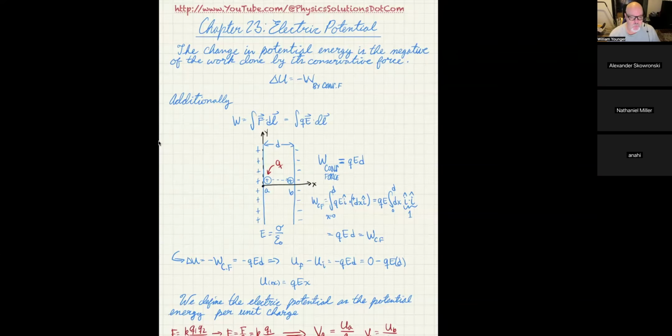If you want to think about it that way, then you can make a more grandiose statement and say, for instance, the voltage between B and A is equal to the change in voltage. Notice I just switched from the wording of electric potential to voltage, because it turns out we're actually measuring something in volts.